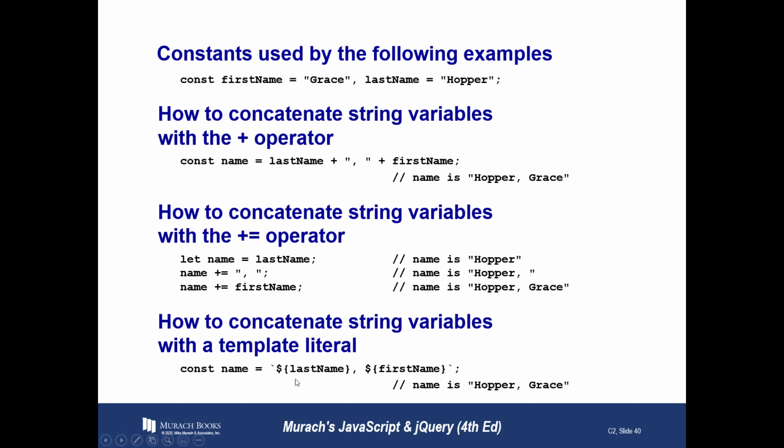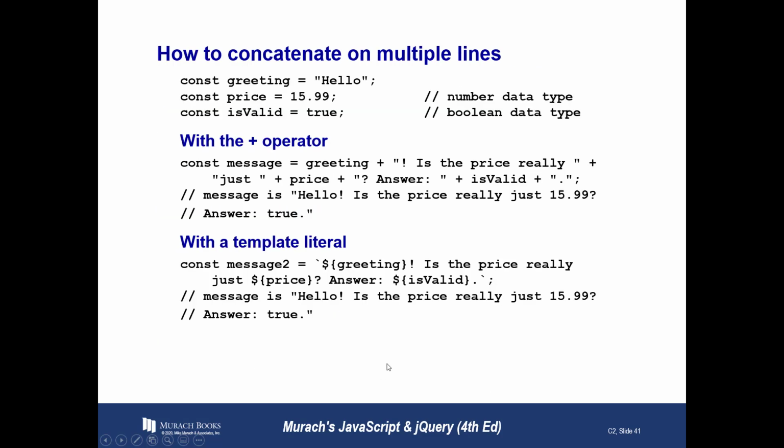It allows you to put the variables right inside of your string, and it interpolates, or gives you the value of them. You have to start with a dollar sign, and then the variable name has to be within curly braces. So this will also give you Hopper, comma, Grace.